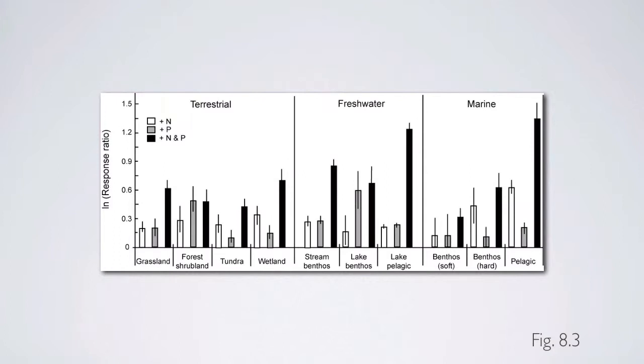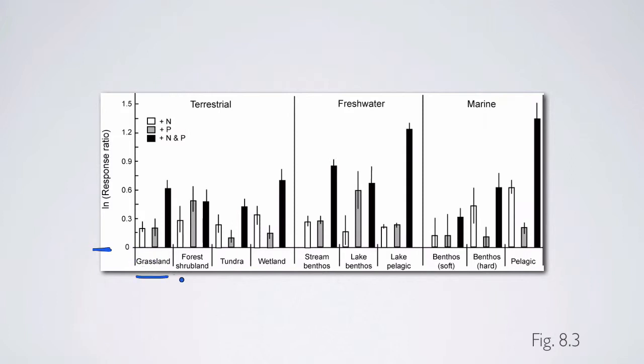So, if we take a look at figure 8.3 again, this time for terrestrial ecosystems. If you remember, on the y-axis we have the natural log, or the response ratio, where no response is 0. Anything positive means that adding nitrogen, phosphorus, or nitrogen and phosphorus together leads to an increase in production.